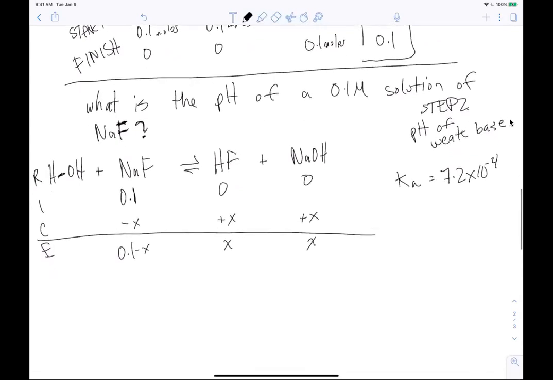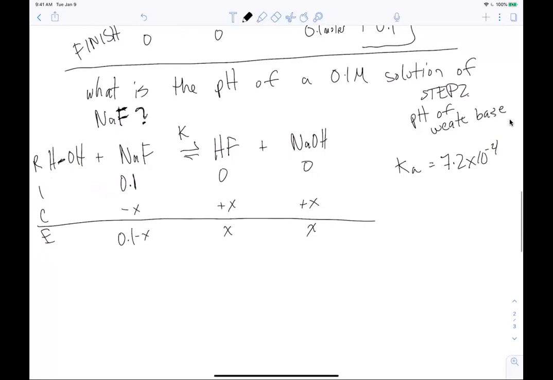So something to be careful with here that's confusing a lot of times is that when you write this out, because you're looking at the pH of a solution of sodium fluoride, hopefully you get to the point where you can recognize that this is a base. And so what makes the most sense to write out is the reaction of this as a base to form an acid. But the reason I bring that up is because what you're writing out really is the expression for Kb.